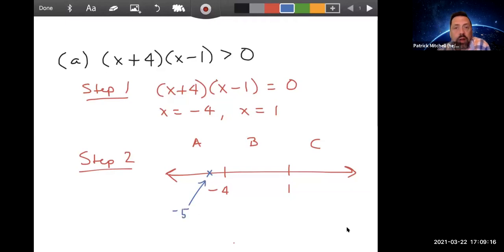And then pick a number, any number between negative 4 and 1. Can you guess what number I'm going to pick? I'm going to pick 0. I always pick 0 whenever I can. And then pick a number, any number that is greater than 1. I'll pick 2. Okay, so my test points are negative 5, 0, and 2.